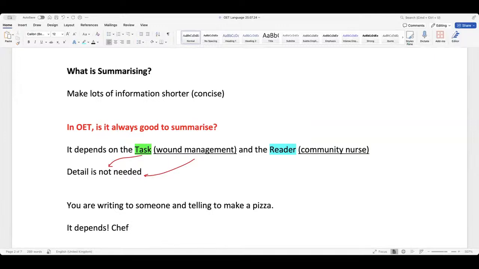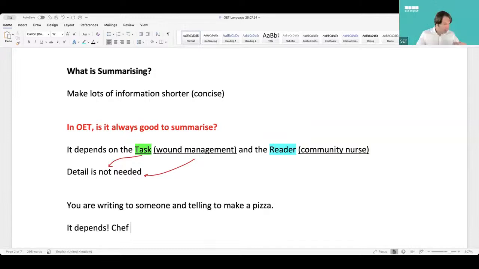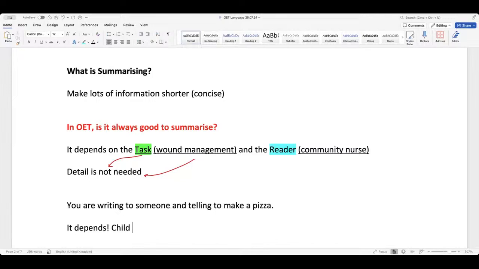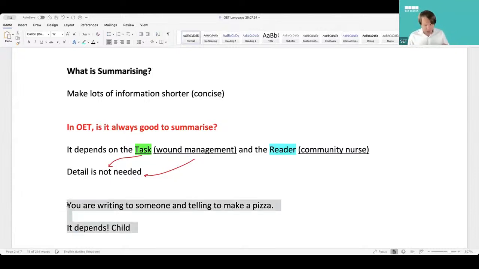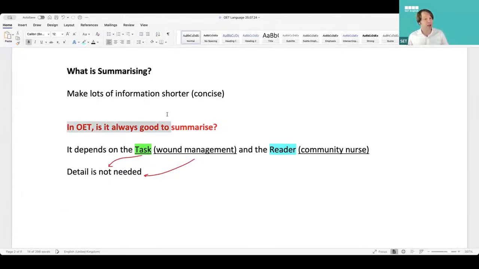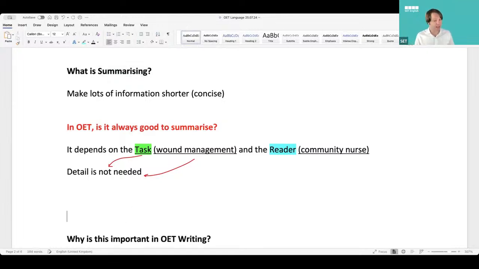Yes. I just say make a pizza. He's a chef. He can make a pizza. What if I'm writing to a child? You have to put all the details. Get some bread, get some tomato, put it on the bread, right? So it's very simple, really. But I want to stress this because summarizing is not always good, okay? Only at the right time.